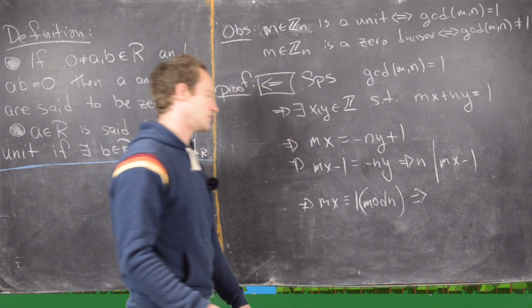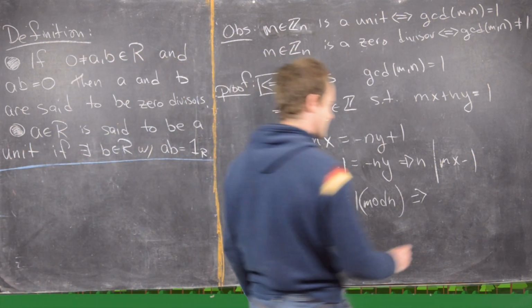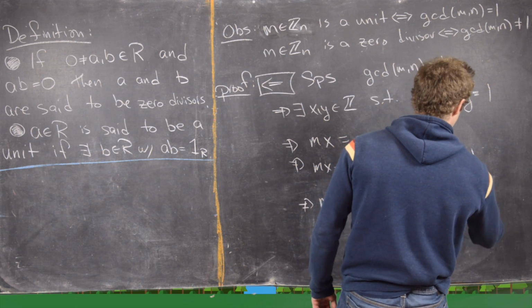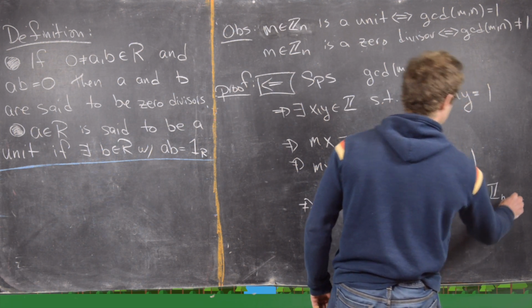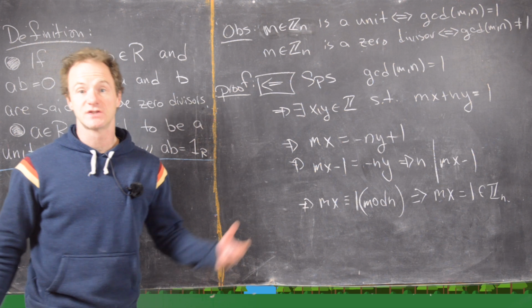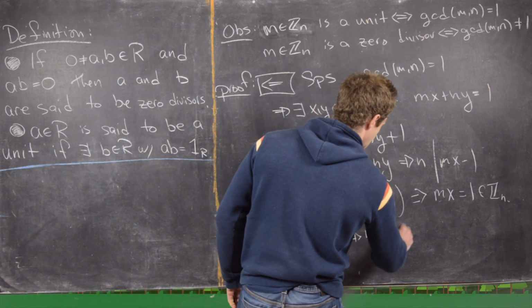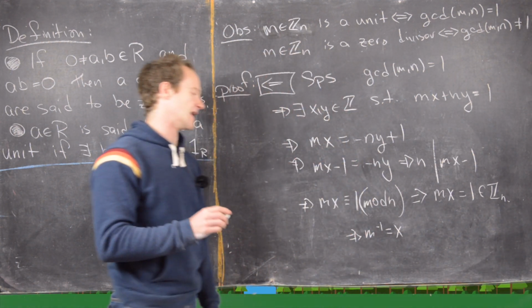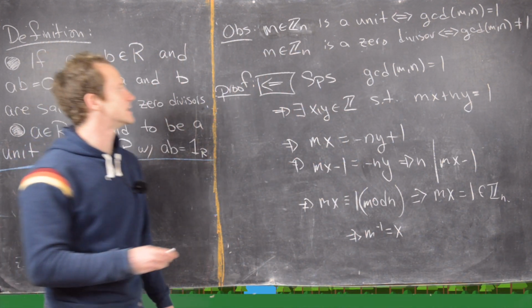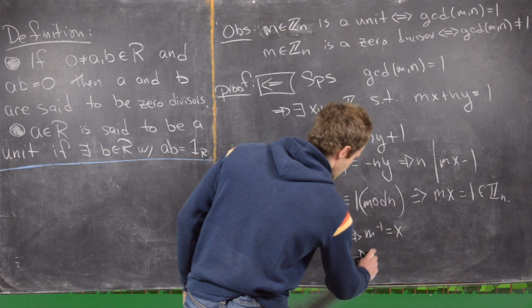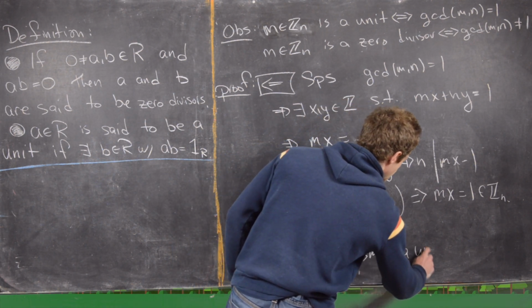But that congruence is the same thing as saying that mx is equal to 1 inside of Zn. So in other words, m inverse is equal to x in Zn. In other words, m is a unit. So m is a unit.